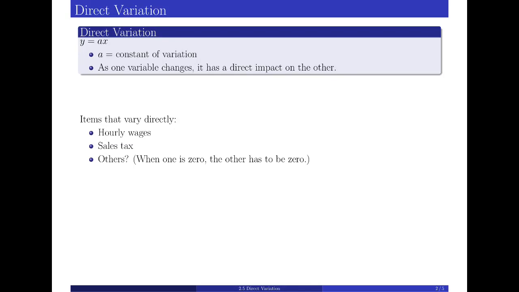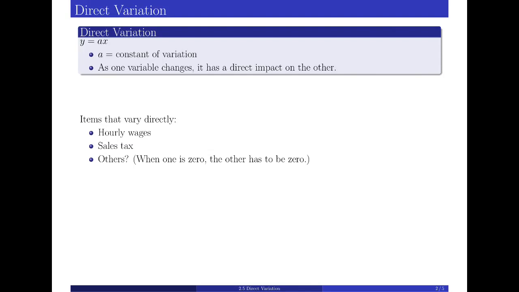So if x changes, then so does y. If y changes, then x has to change for that equation to stay balanced. A is just holding the place for some constant, so that's called the constant of variation. But again, it's just a relationship where as one of them changes, it has a direct and immediate impact on the other.